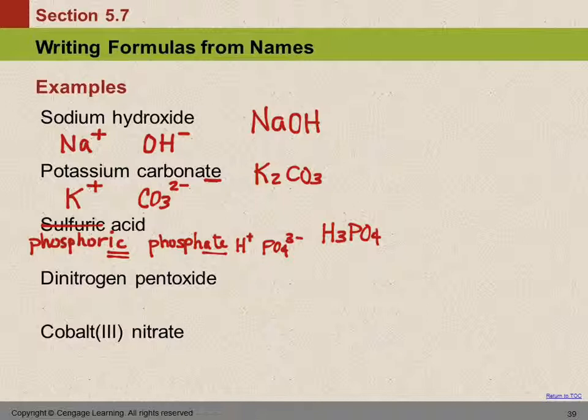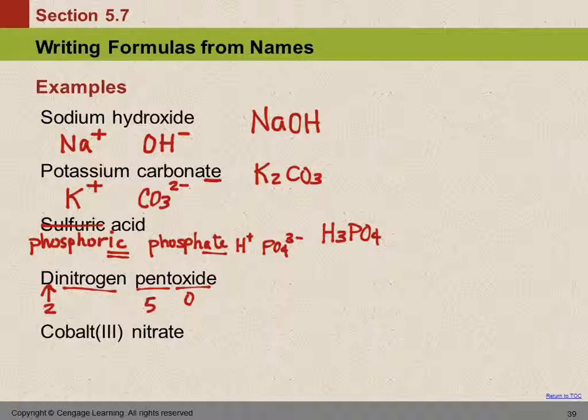Dinitrogen pentoxide. Well, what do we see about this one that's different? Prefixes. Those lovely numerical prefixes. So these are easier. This is telling us there's nitrogen, and di means 2, and here is oxygen, and penta means 5.